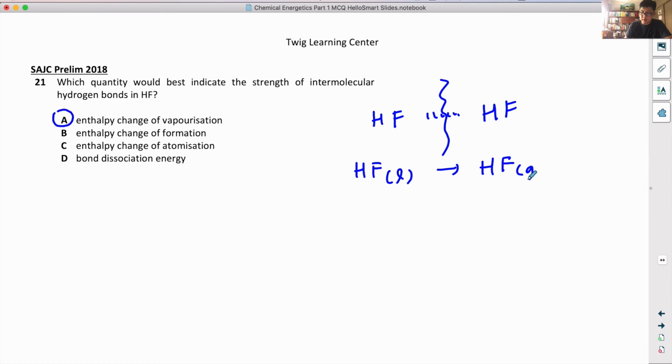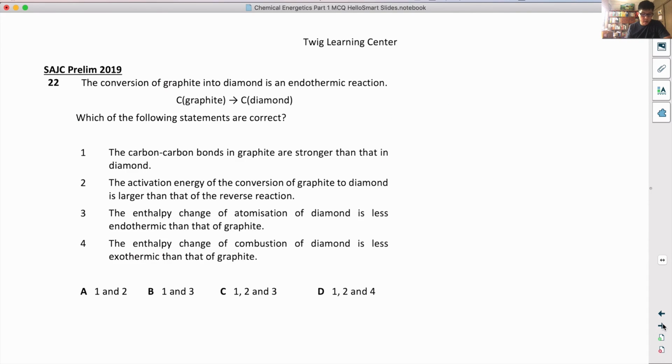When you change from liquid to gas, you're only breaking the hydrogen bonds. So a greater enthalpy of vaporization could mean the hydrogen bonds are stronger. So 21 would be A. So take note.